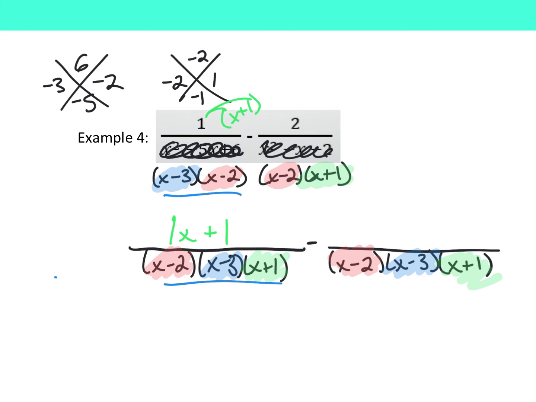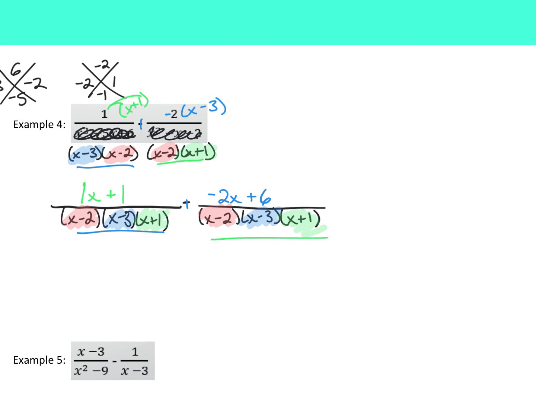Same thing on the second fraction. To get from this to this, what do I need to multiply by? You got it, x minus 3. But I'm distributing a what? A negative 2. So make this plus. Negative 2x plus 6. You got it.